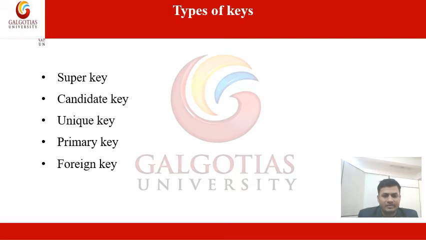A primary key is the candidate key. Sometimes we denote a candidate key with the name primary key, and the foreign key, as I have already discussed, will maintain the relationship between two tables.